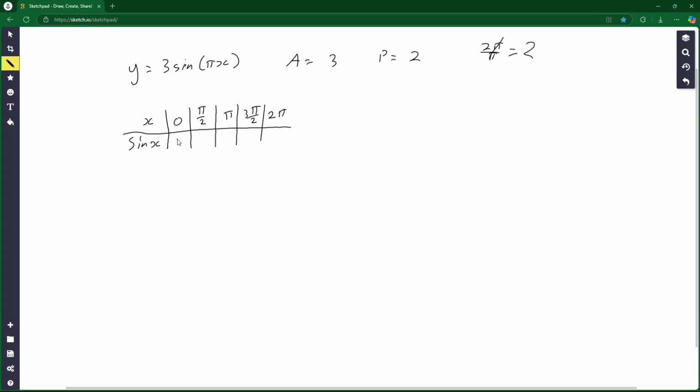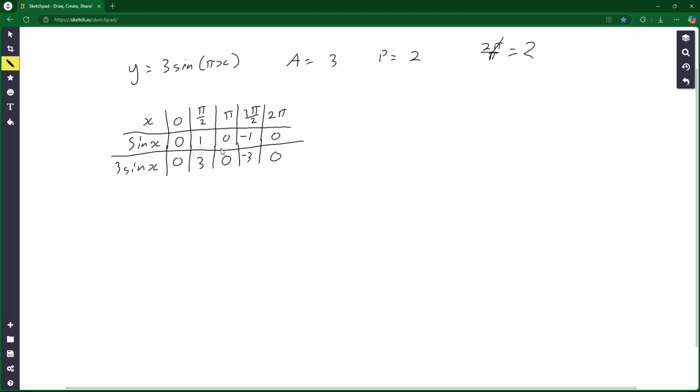Sine of 0 is just going to be 0, then 1, then 0, then -1, then 0. Now we're going to do 3 sine x, which is just going to be 0, 3, 0, -3, 0. Same thing that we did on the last graph.